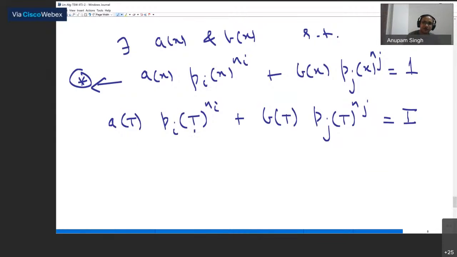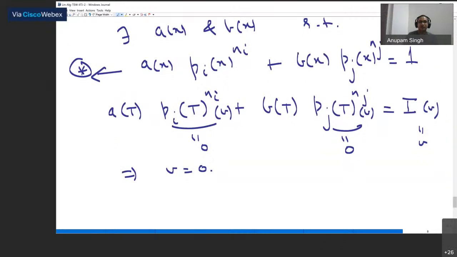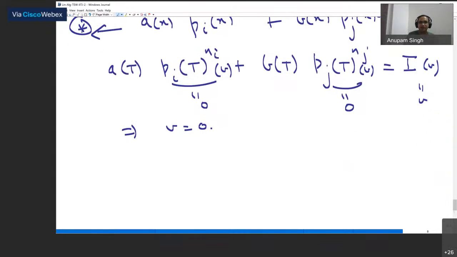If I apply v here, and then I apply v here, what you get? We have seen that this is 0, this is also 0, and identity of v is v. So this will imply v is 0, right? Very basic ring theory about polynomials helped me to prove this very quickly. You can see that this is very easy to prove.